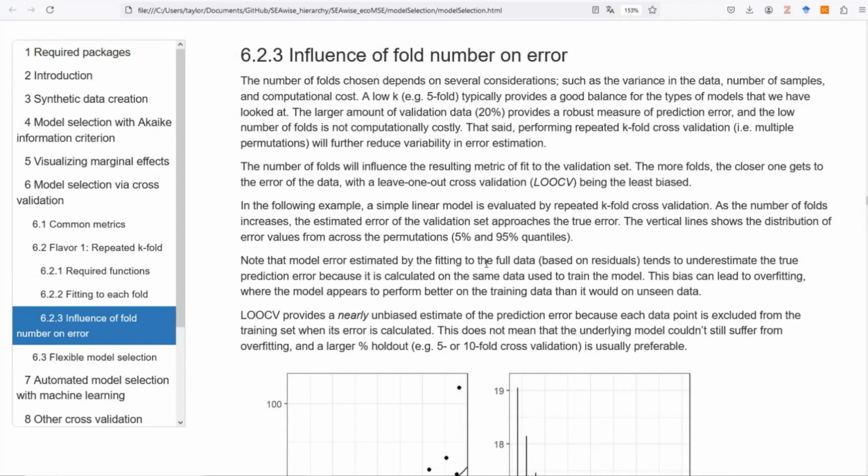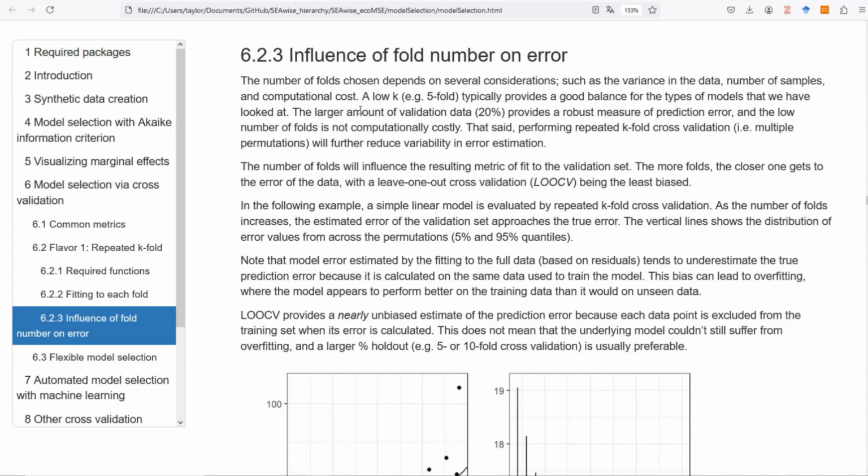Okay, so before we go further, I just wanted to comment on the choice of the number of folds, which is kind of important. You usually will choose the number of folds depending on several considerations, such as the variation in the data, the number of samples, and the computation cost. So you can imagine if you have a high number of folds, let's say we use 30 folds, we're only holding out maybe 2 data points in each fold.